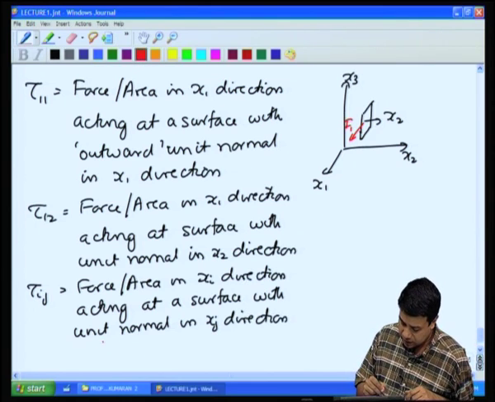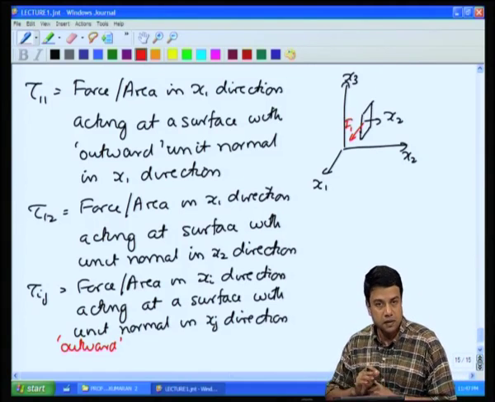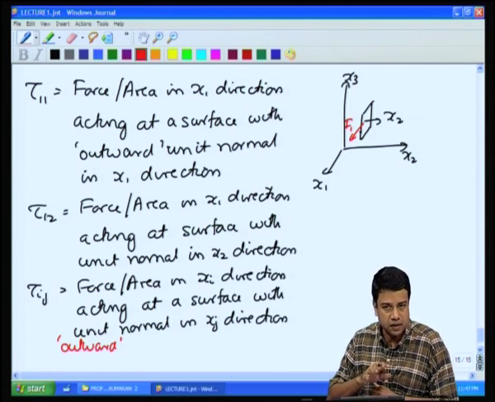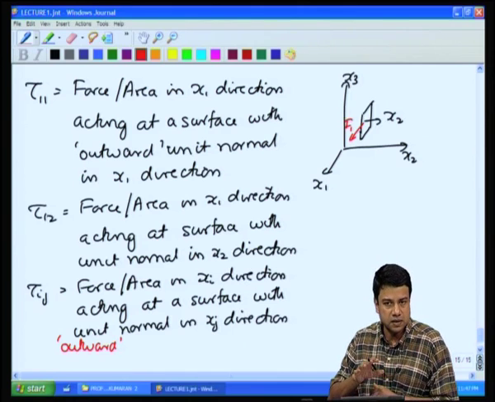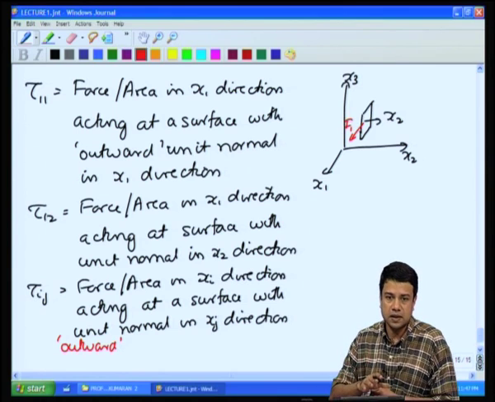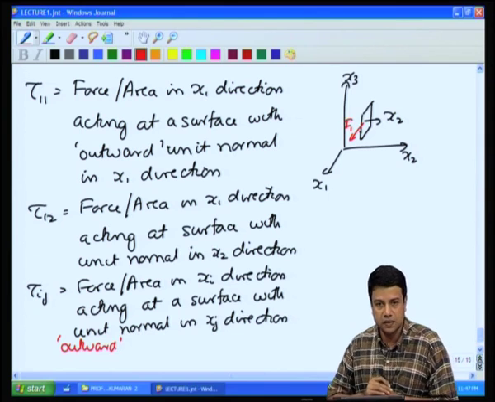And here I should add outward unit normal in the xj direction. So, these are what are called second order tensors. They have two fundamental directions associated with them. In the case of the stress, one is the direction of the force at the surface itself. However, the force does depend upon the orientation of the surface. So, the other direction is the direction of the orientation of the unit normal to that particular surface.